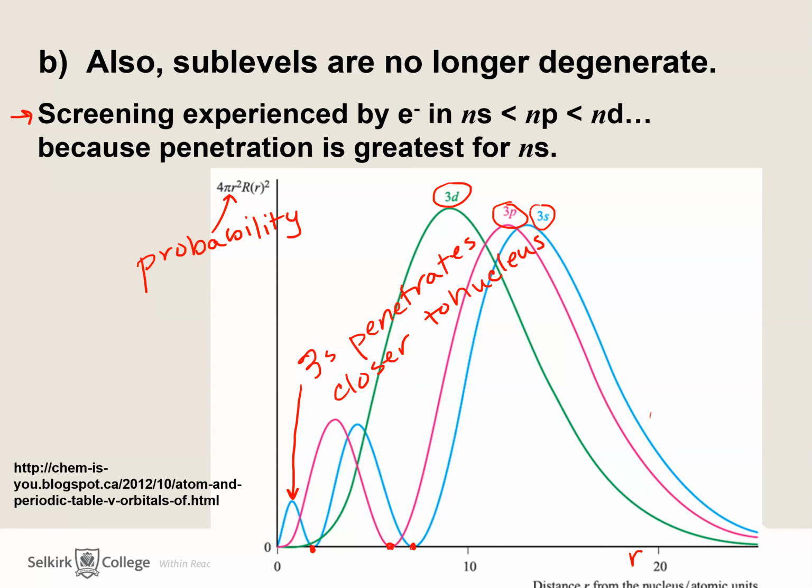The screening experienced by electrons in the s orbital is less than in the p orbital, is less than in the d orbital, because the penetration is greatest for the s. So now we're going to go on and look at a revised energy level diagram that will apply to every atom except hydrogen.